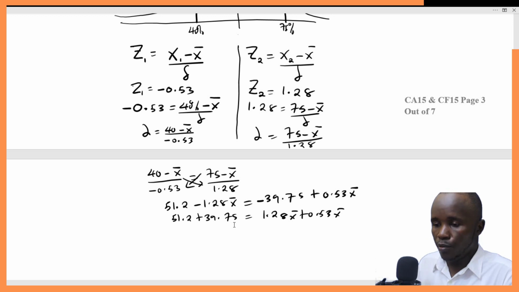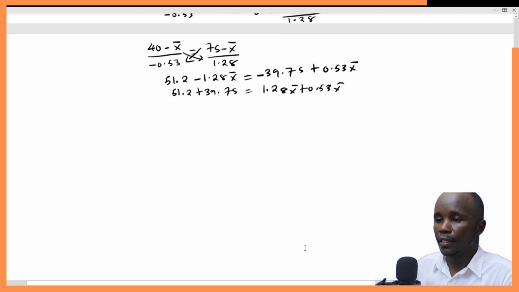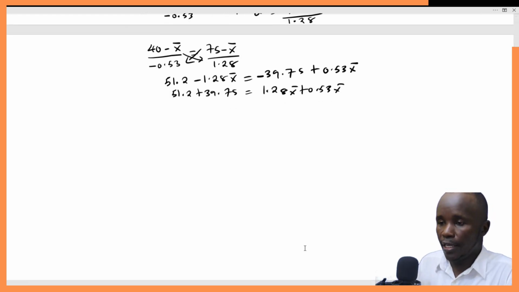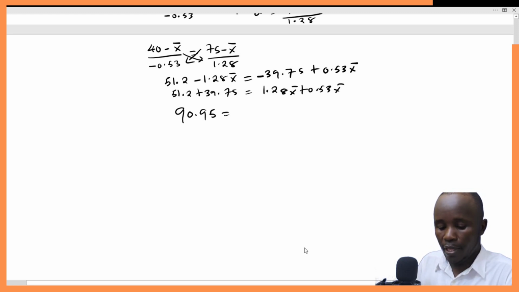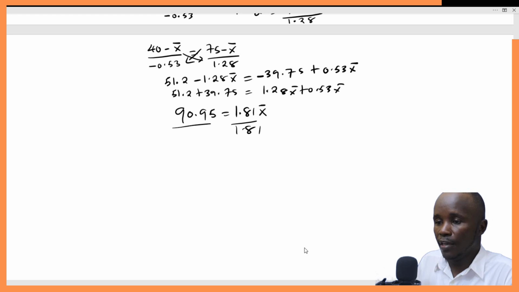90.95 is equal to, let's come on the other side, 1.28 plus 0.53 gives you 1.81 x bar. Divide by 1.81 on both sides.